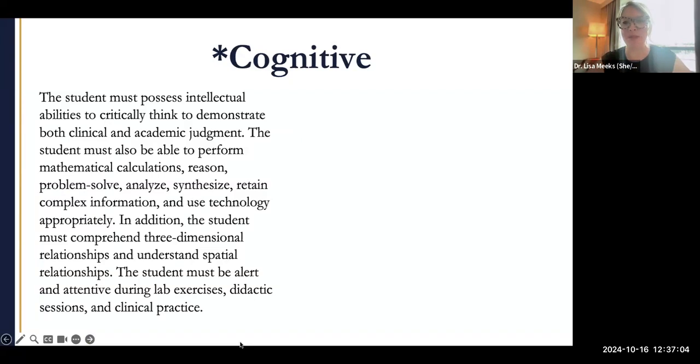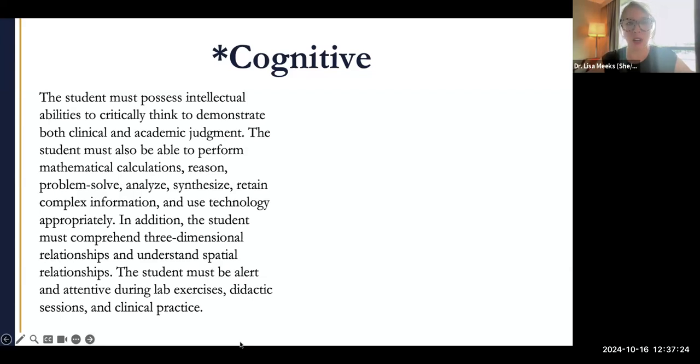I'm running PowerPoint. As we look at examples in the cognitive technical standards domain, you're going to start to see some trends. So this one states the student must possess intellectual abilities to critically think, to demonstrate both clinical and academic judgment.